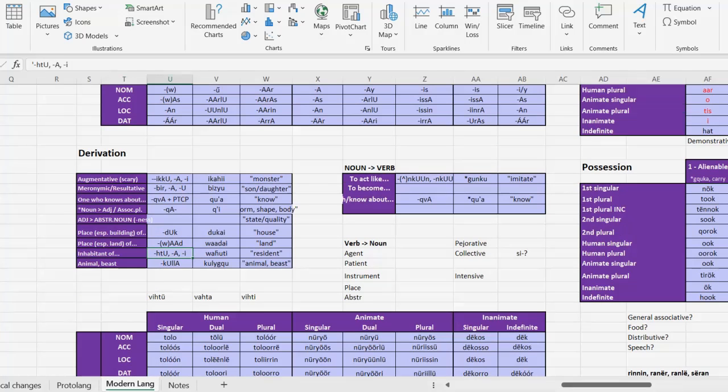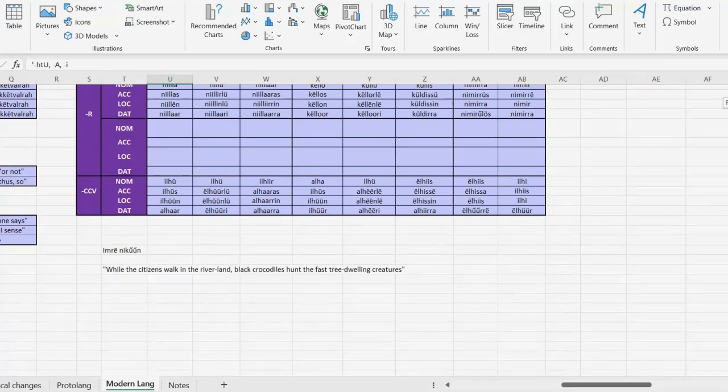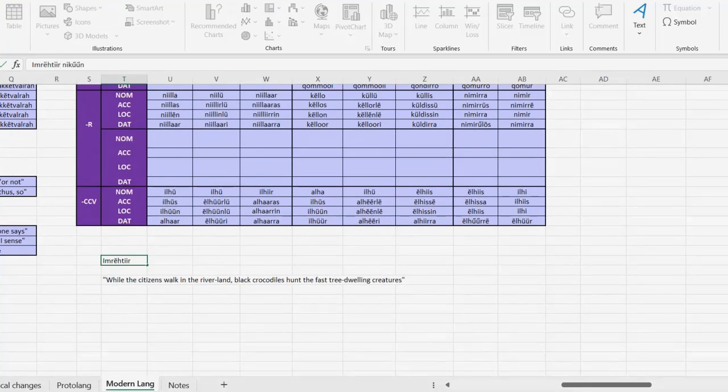With the human plural ending, the I would take over the suffix, so the ending would be ir, so citizen therefore would be imrechtir. Now, does that long I in the final syllable actually cause umlaut? If that suffix predates umlaut, which it may well do, I'd need to think about that, but I'm just going to leave it as it is for now.